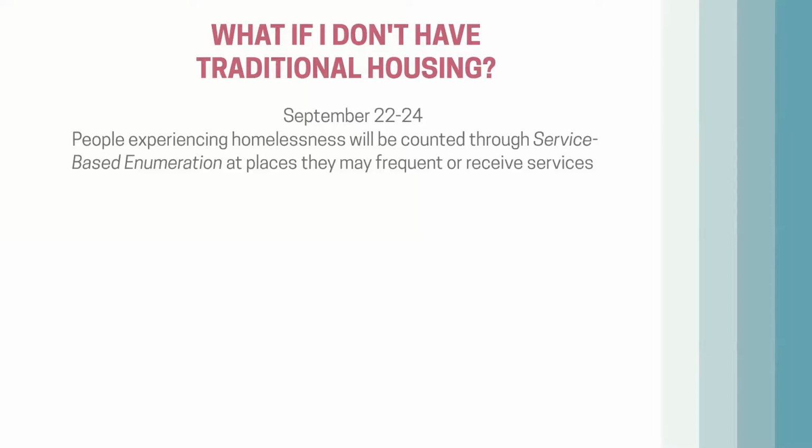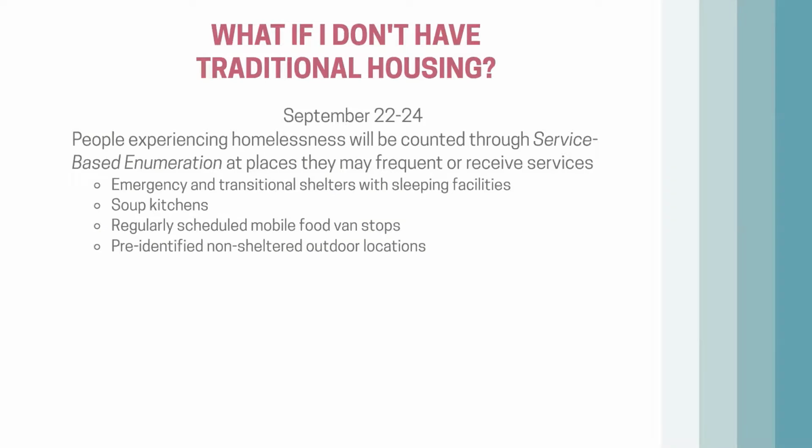So what that means is the census takers are going to go to places that serve people experiencing homelessness and interview them and ask them to fill out the census. This will be at places such as shelters with sleeping facilities, soup kitchens, regularly scheduled food truck stops, and outdoor locations that are not sheltered, such as tent encampments.